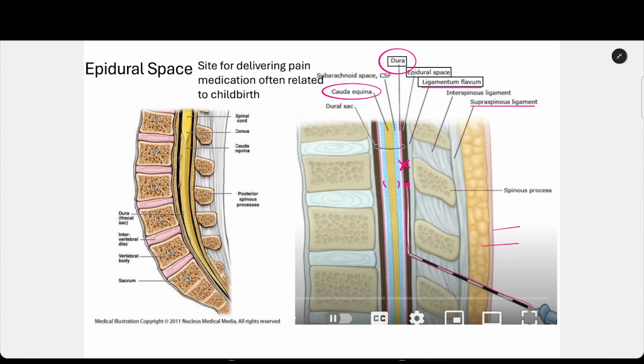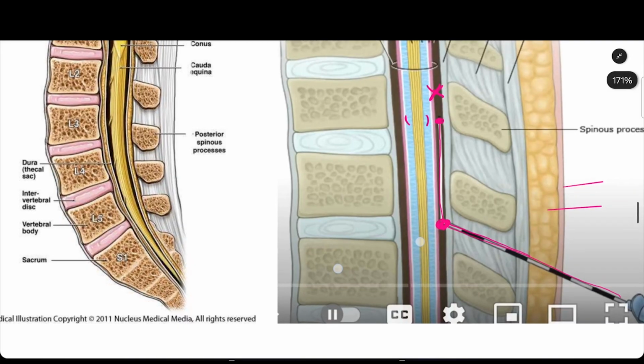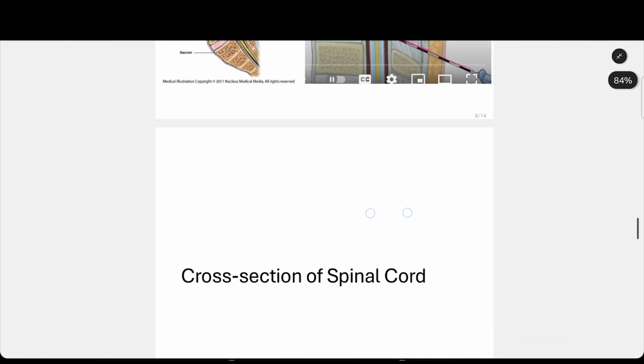So with the epidural space, the idea is to safely get through all these ligaments, get into the epidural space, but don't puncture the actual dura mater. Because we're not trying to sample CSF at this point, right? We're just trying to deliver a pain medication to the nearby nerves.